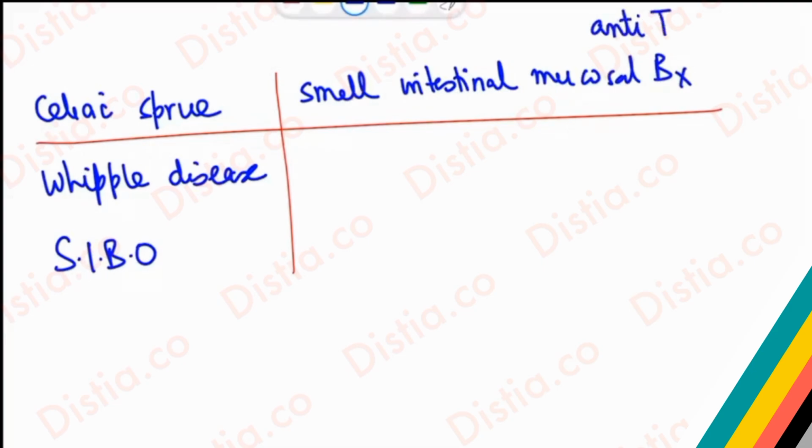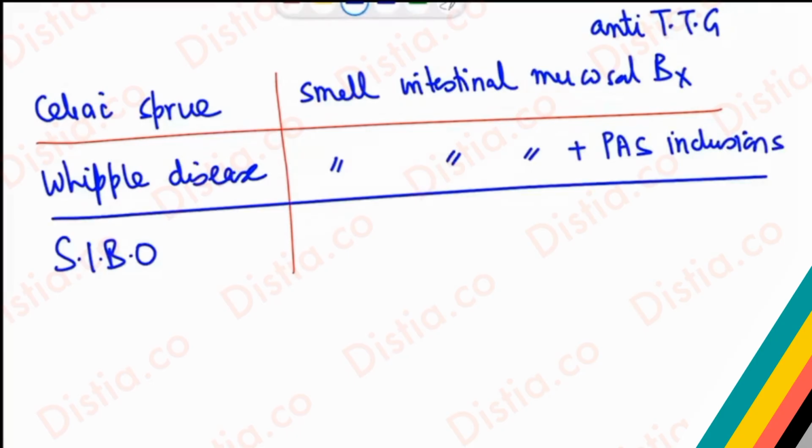And if he gives you anti-TTG or anti-gliadin antibody or anti-endomysial antibody, that's anyway a welcome bonus. For Whipple's disease, I have highlighted again a small intestinal mucosal biopsy with the mention of PAS-positive inclusions, which are those nasty bacteria sitting inside the security system, that is, macrophages.